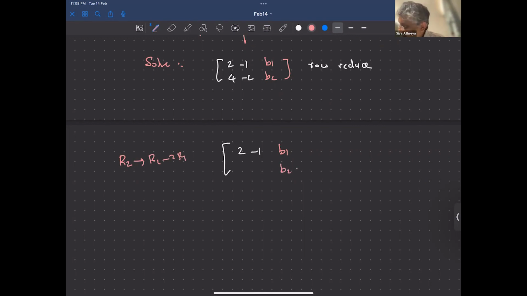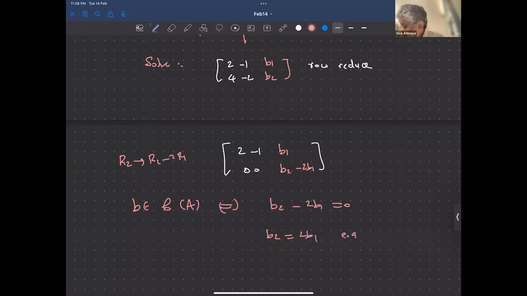I get B2 minus 2 B1, and I get 0, 0 here. That means B is in the column space of A if and only if B2 minus 2B1 is 0. That means B2 is equal to 2B1.